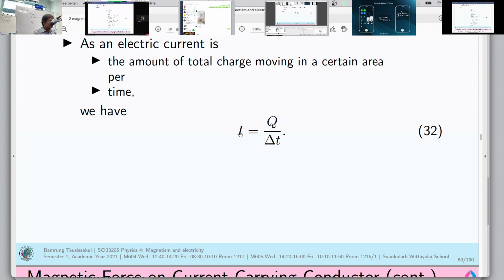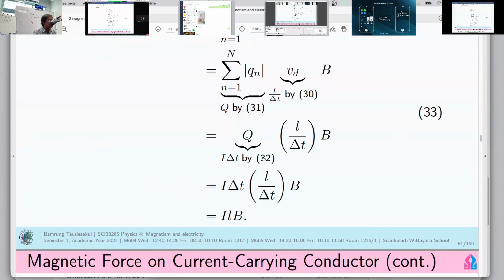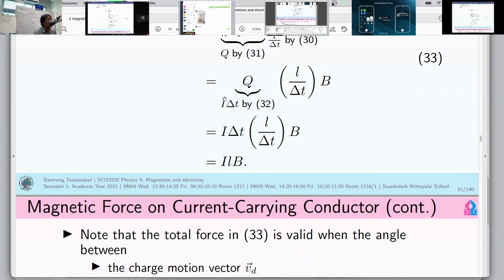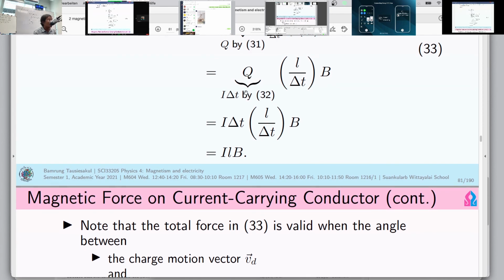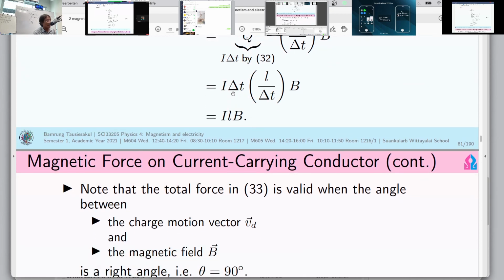And yes, we will replace Q by I delta T in this expression, in this position, and leave it at the line before the final one. You have I delta T, but in the second term you also have delta T at the denominator position, the lower position.